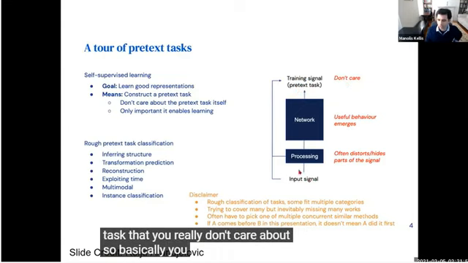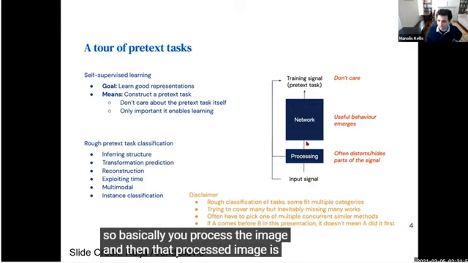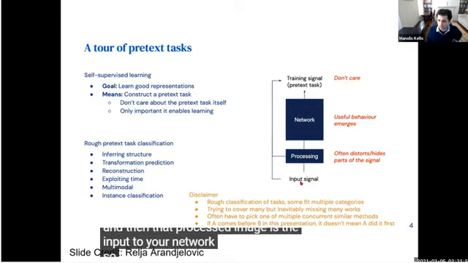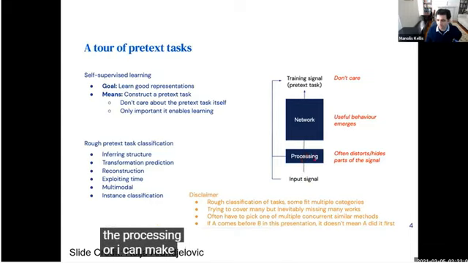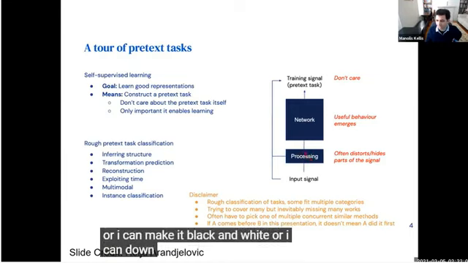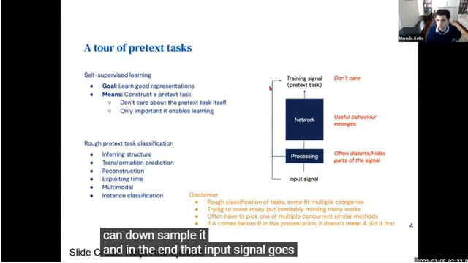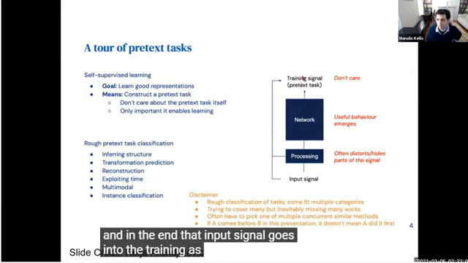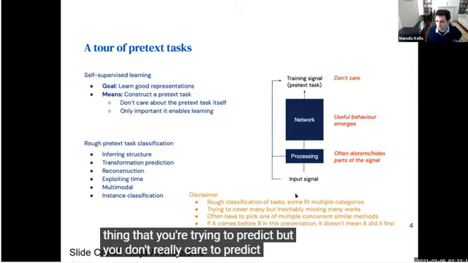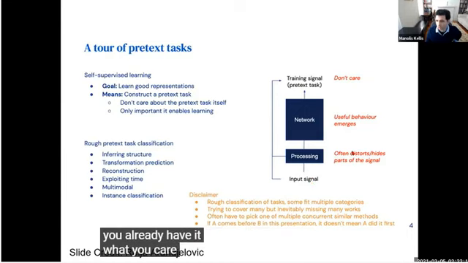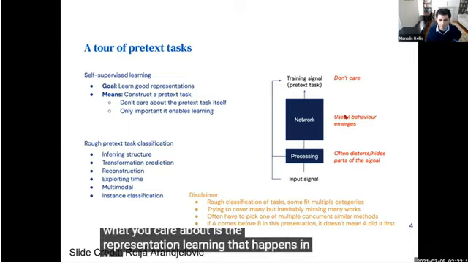So basically, you process the image, and then that processed image is the input to your network. For example, I can remove a patch, or I can make it black and white, or I can downsample it. And in the end, that input signal goes into the training as the thing that you're trying to predict. But you don't really care to predict that, you already have it. What you care about is the representation learning that happens in the middle.